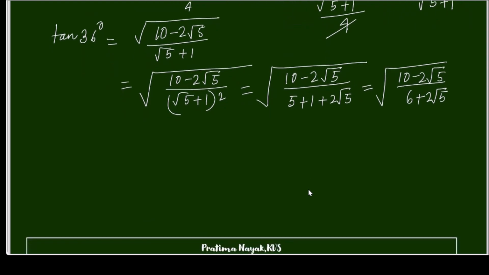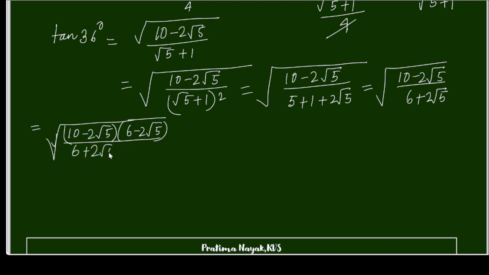So next step, I'll rationalize the denominator. For this, I'll go for 10 minus 2 root 5 whole into 6 minus 2 root 5, and here in the denominator 6 plus 2 root 5 into 6 minus 2 root 5. Let us multiply the numerator.